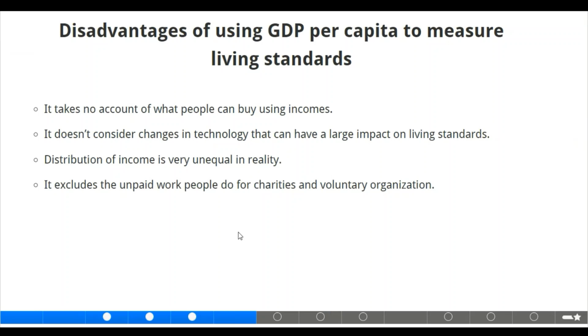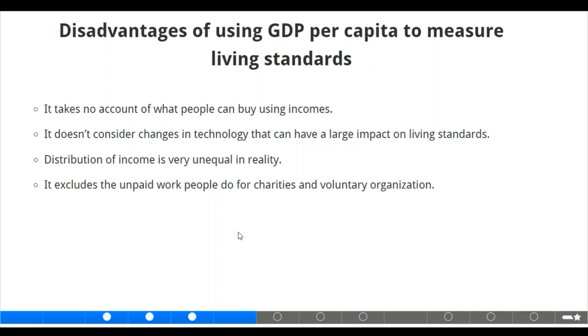Moving to the next slide, we now have the demerits of using GDP per capita to measure living standard. Here we have, it takes no account of what people can buy using it. I've said that earlier. Of course, a country with a high GDP per head may be no better off than a country with a low GDP per head. It doesn't consider changes in technology that can have a large impact on living. Of course, it doesn't.